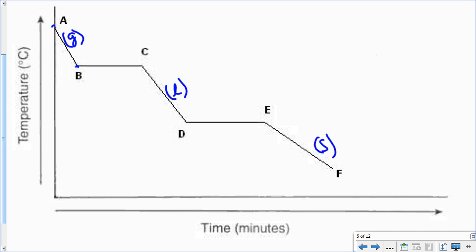Okay? In between, I have gas going to liquid. And we call that condensation. And for this phase change from D to E, we have liquid going to solid.